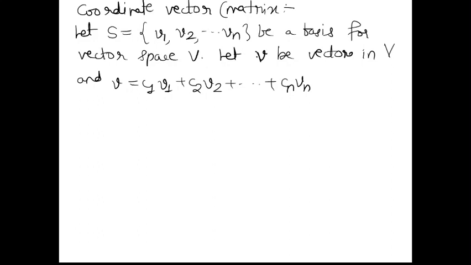So any arbitrary element in vector space V is a linear combination of all elements in S.